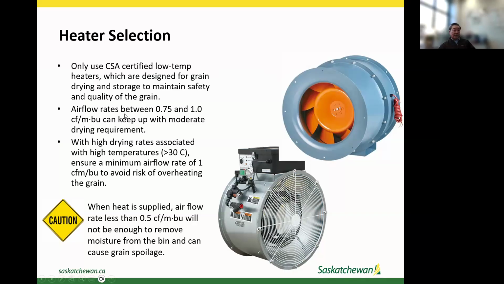An airflow rate between 0.5 to 1.0 cubic feet per minute per bushel can keep up with moderate drying temperature equipment.